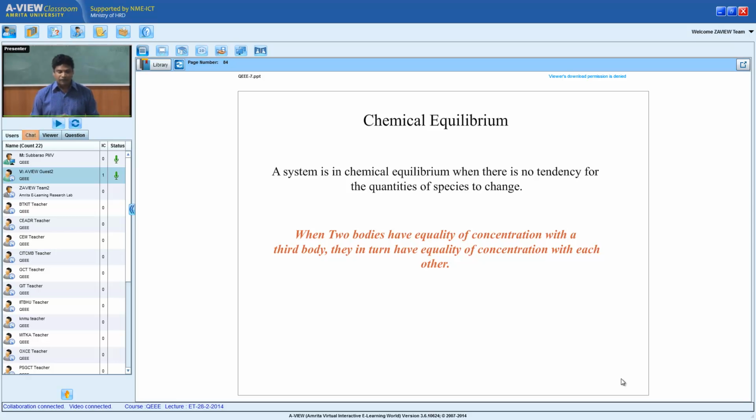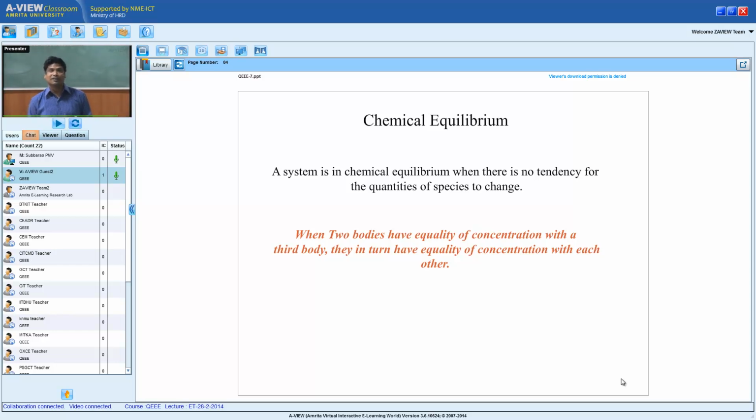What is this? When two bodies have equality of concentration with a third body independently, I can say that these two bodies are in chemical equilibrium with each other. So the chemical equilibrium talks about the equality of the concentration. But equality of the concentration has 1,000 million different concentrations being equal.